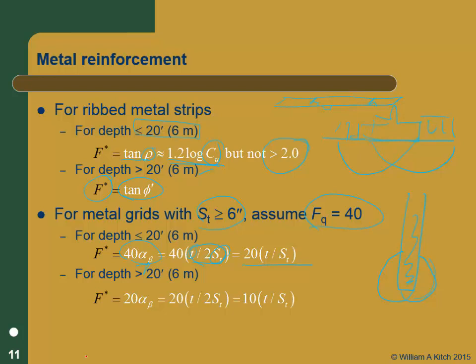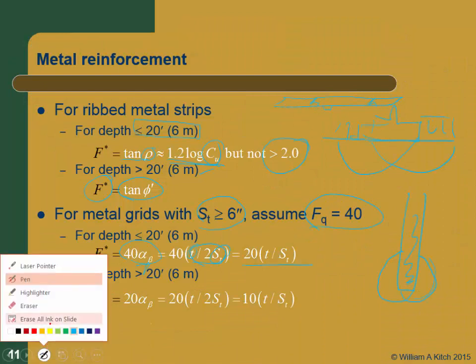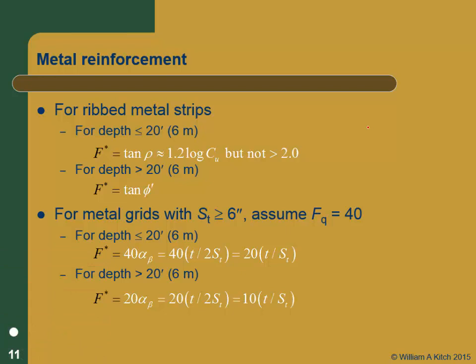The same thing is happening in this horizontal resistance. If I'm pulling this way and I'm generating some bearing capacity on the sides, I'm going to generate some kind of failure surface around here as I pull this through.